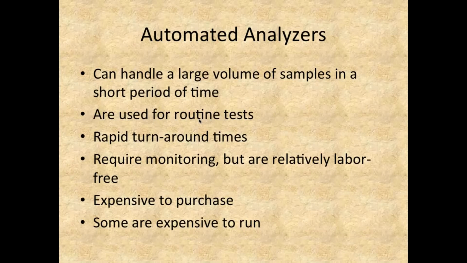They do require monitoring. The clinical laboratory scientists have to maintain the instruments properly and monitor them and do quality control checks on them. About 20% of our work is just in quality control testing. But they're relatively labor-free. They're fairly expensive to purchase.